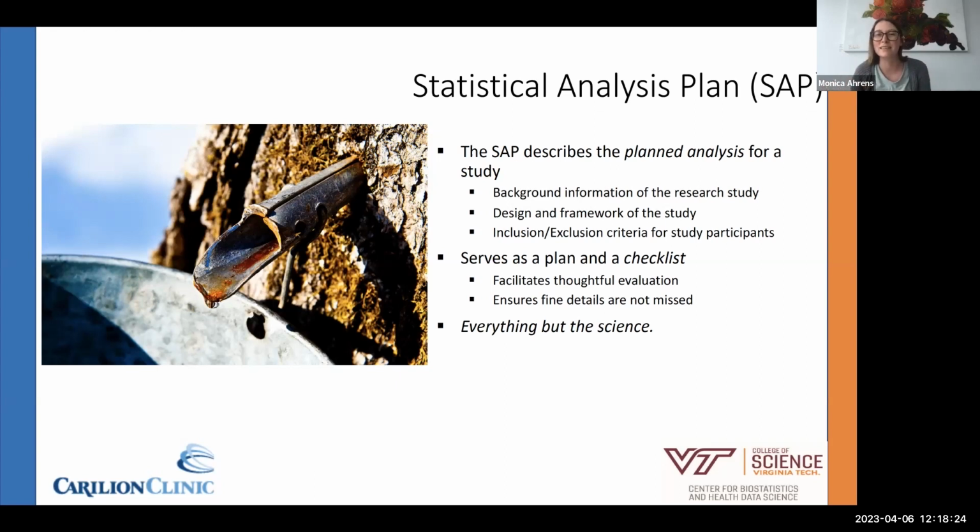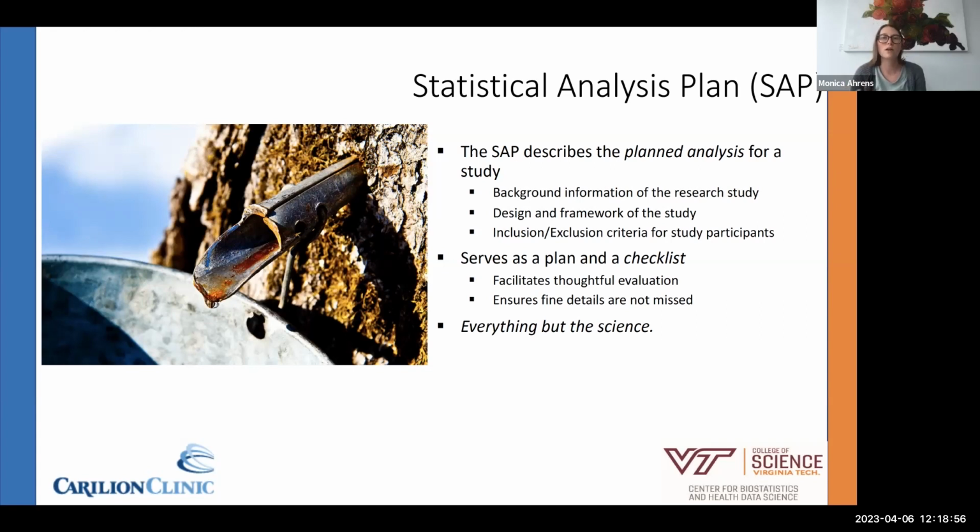The other thing is, at the center, and I believe at Heart as well, we all work together. I might start a project and then my colleague takes it over. A statistical analysis plan allows us to track everything we've done and keep thoroughly detailed information about what happened, so that anyone can read it and reproduce exactly what happened.